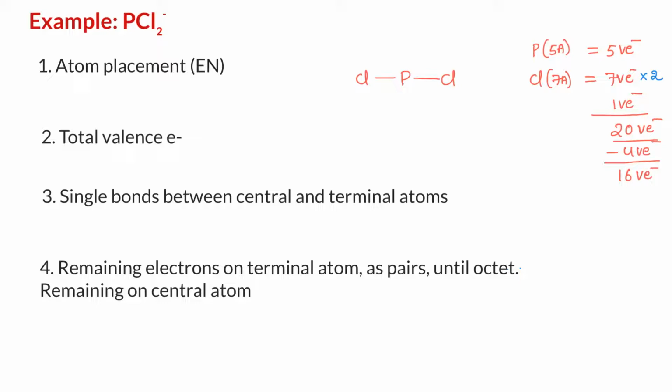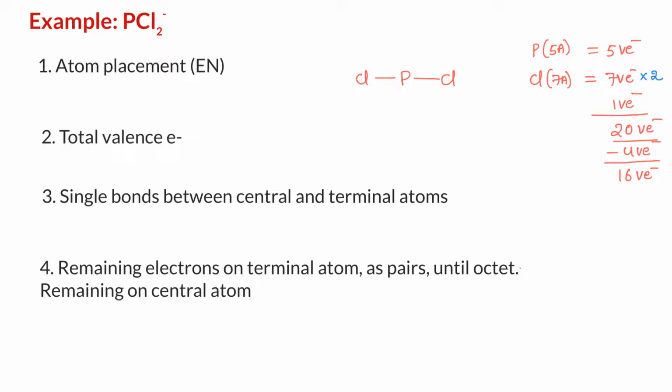Now I'm going to use these remaining valence electrons and place them on the terminal atoms first as pairs until each of the terminal atoms becomes an octet. As you can see, each of the chlorine atoms is already bonded to phosphorus using 1 single bond. That means each chlorine has 2 electrons in it, so on each of the chlorines, I can place 6 more electrons.